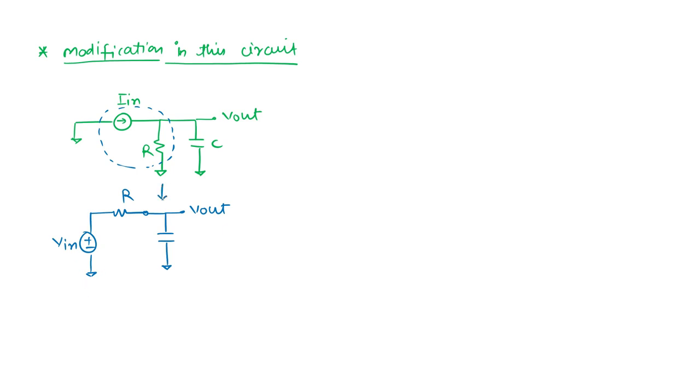When I do the source transformation, this V in is I in times R. So this circuit is the same as the circuit we were seeing from the very starting, one R and one C, with the input V in being nothing but I in times R, and we were calculating V out and IC.